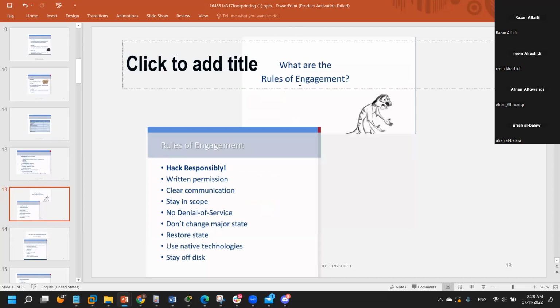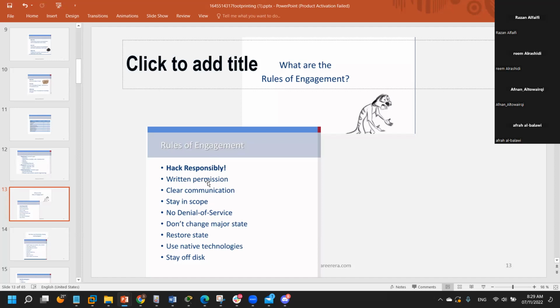Okay, what are the rules of engagement when you want to start the penetration testing? You need to have some rules, and in order to start your penetration testing, you need to follow certain rules. One is the written permission, where the company gives you approval. If you don't have this right permission, you can end up in jail.